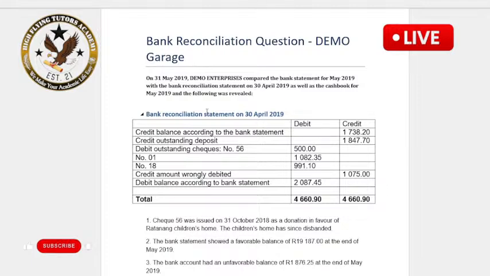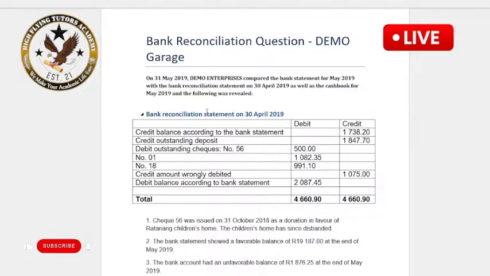They gave you a credit balance according to the bank statement, a credit outstanding deposit, and debit outstanding checks number 56, number 01, number 18. They also gave you a credit amount wrongly debited, and a debit balance according to the bank statement, right?